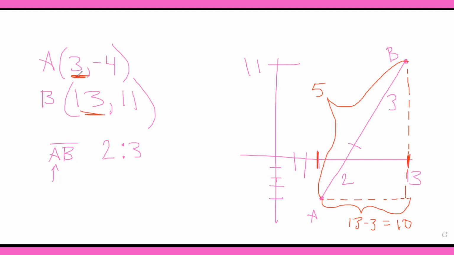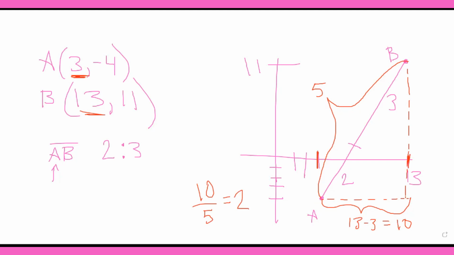Now I'm dividing this line into 5 parts, so I'm going to divide both the x and the y into 5 parts. So my total is 10. If I divide that into 5 parts, that is 10 over 5. 10 divided by 5 is 2. That means 1 part is 2 distance.